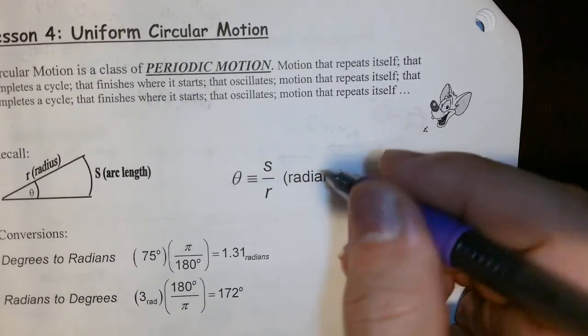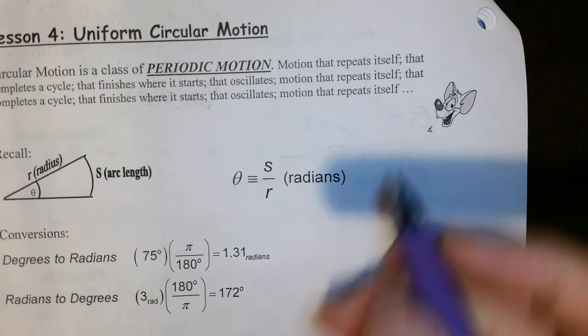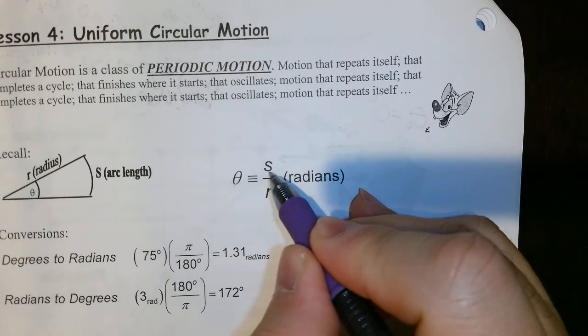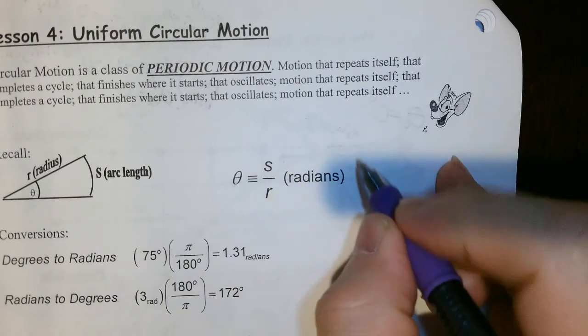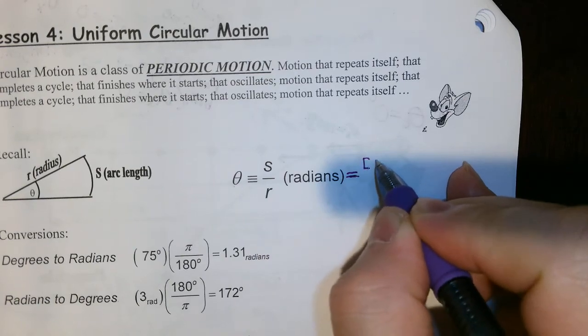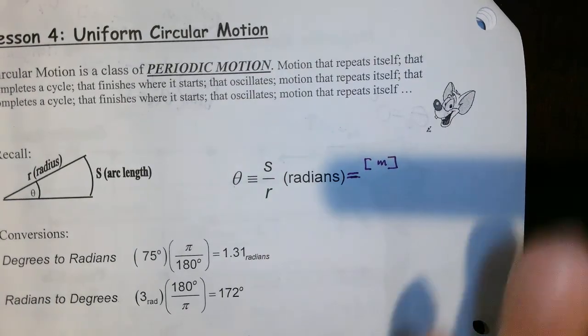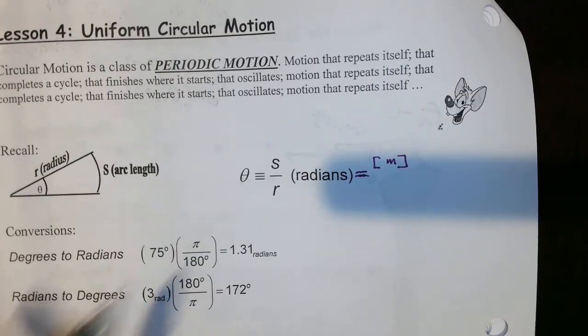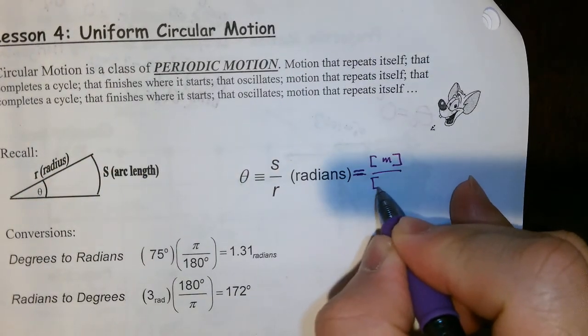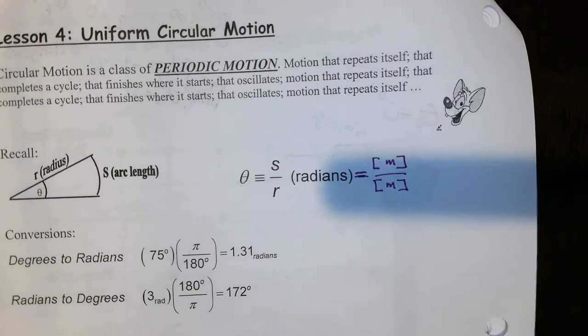radians. And the radian really is a fictitious unit, because if you think about it, arc length is a measure of length, and if we were to use meters, arc length would have units of meters. And since radius is also a length, it would also have units of meters.